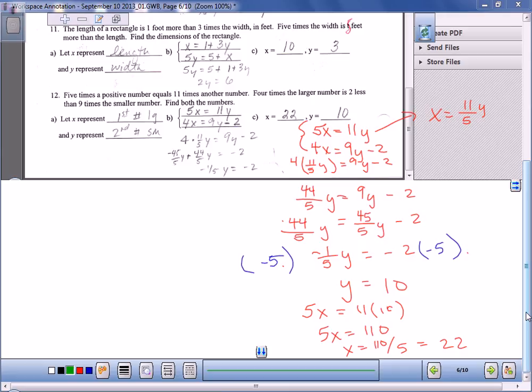Now, number 12 was not a hard system, but when we went to solve it, we did have some fractions in there, but they weren't difficult fractions.